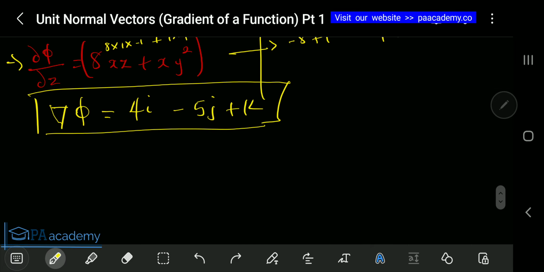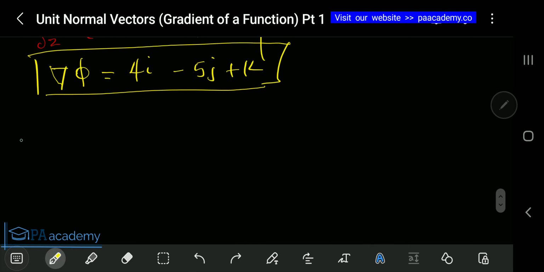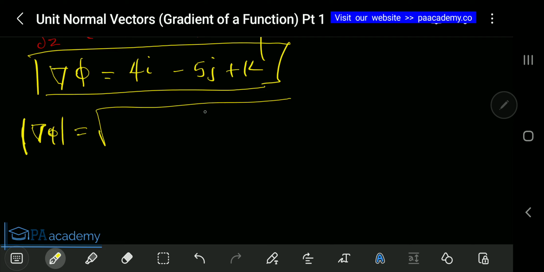So for us to get the magnitude of grad phi, let me write it there. So the magnitude of grad phi is just going to be the square root of 4 square plus -5 square plus 1 square. I hope you see what I'm doing.